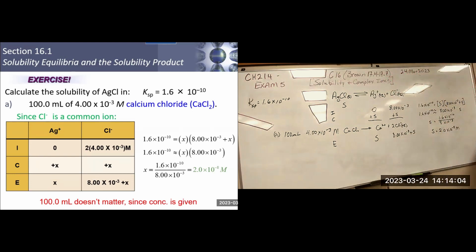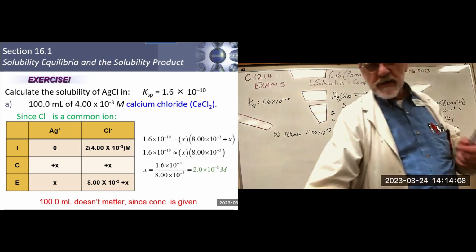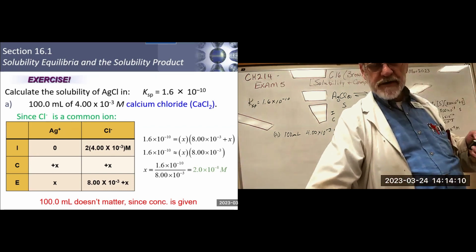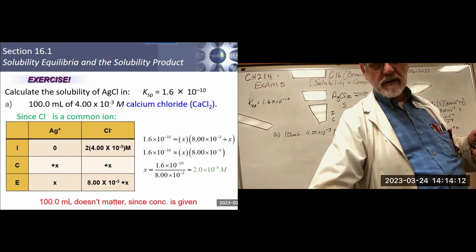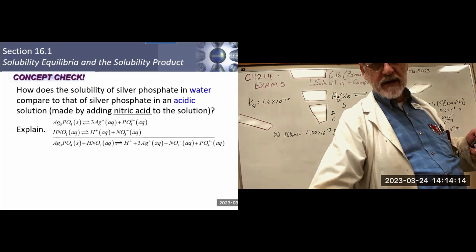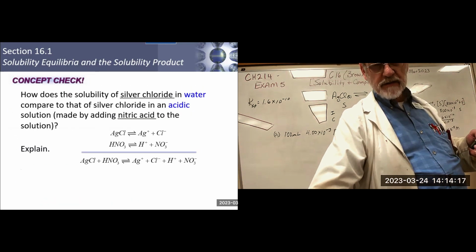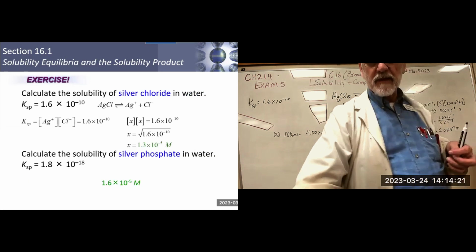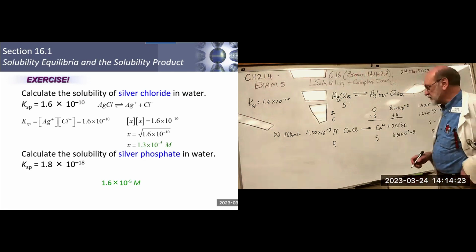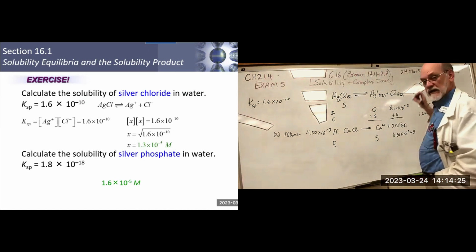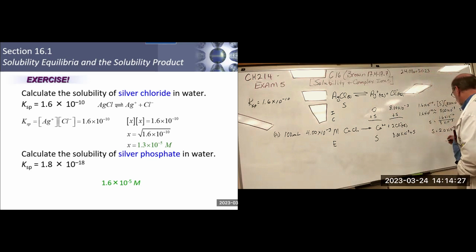So we determined what was the solubility before, or is that on the next page? No, it's not. Okay, let's go back and see, did we determine the solubility? Yes. In water, the solubility of silver chloride is 1.6 times 10 to the minus 5.